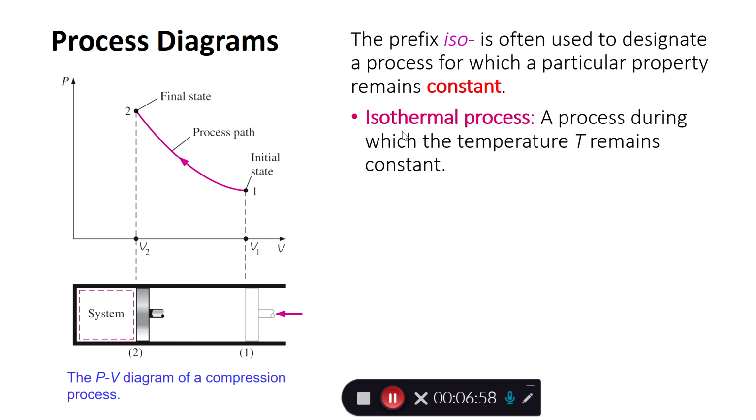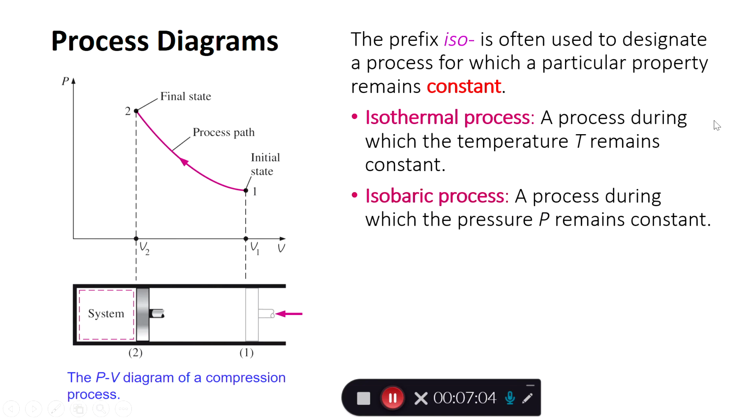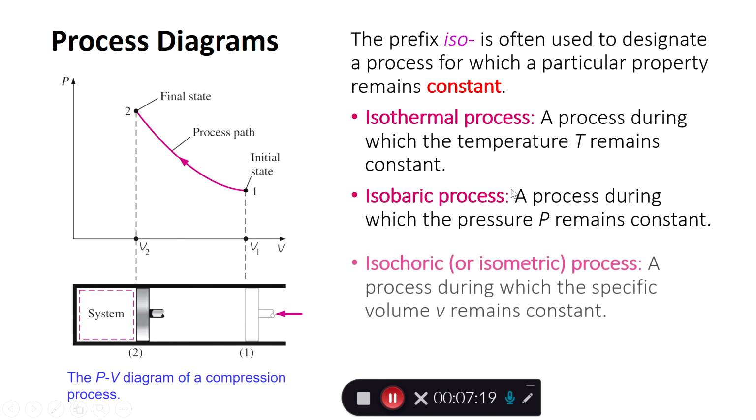This is a very popular word. You're going to use it throughout Thermo, so please take note. Might have isobaric. Isobaric is less popular. We always describe isobaric as constant pressure, which is what it is. But probably this word isobaric will be less used compared to isothermal.